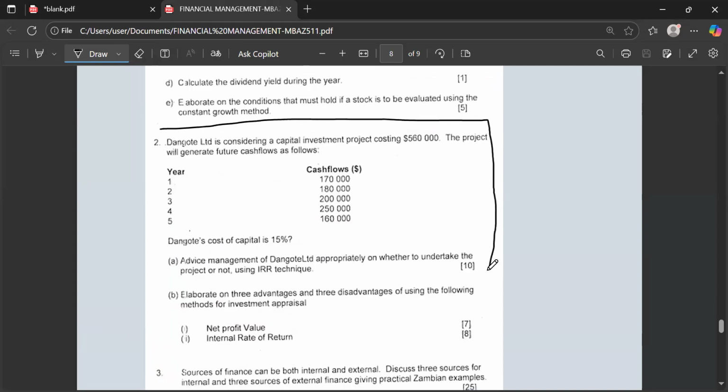So the capital investment where we have those cash flows. The first cash flow with the investment of 560,000.